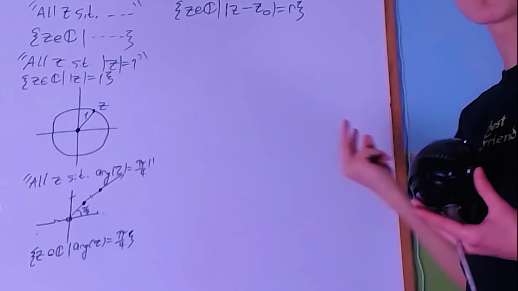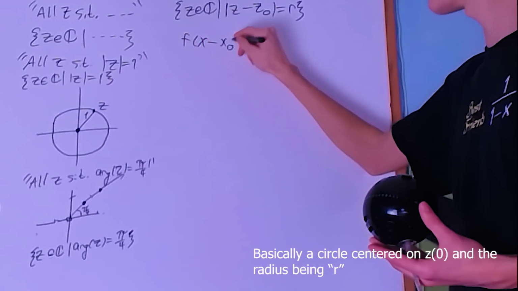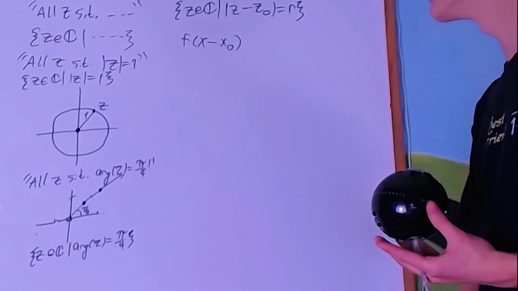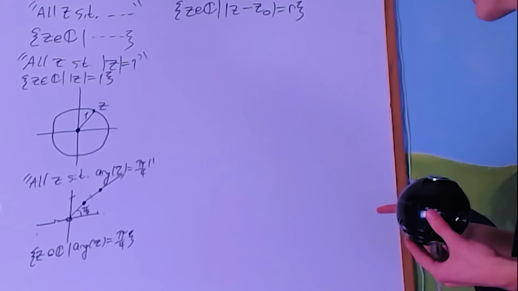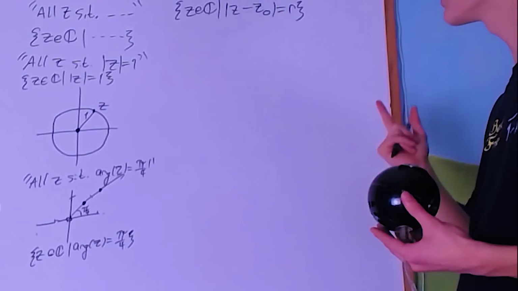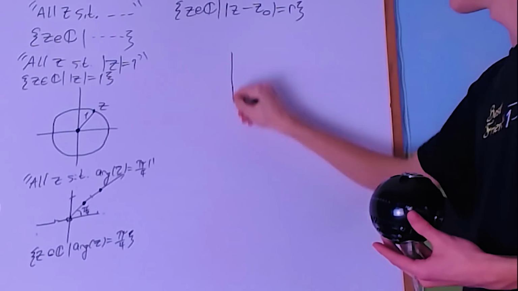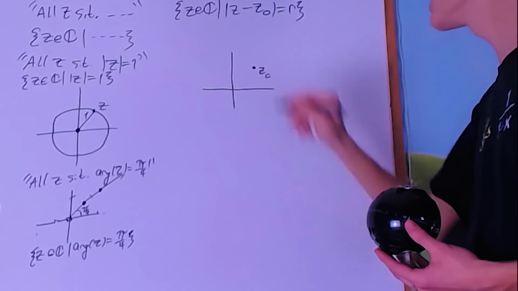That's what we could do on the real numbers too: if we do f of x minus some x naught, you translate it to x naught. So it's the same thing here. And then this r value right here is like the radius. So let's start off in our complex numbers, and let's center it around z naught.